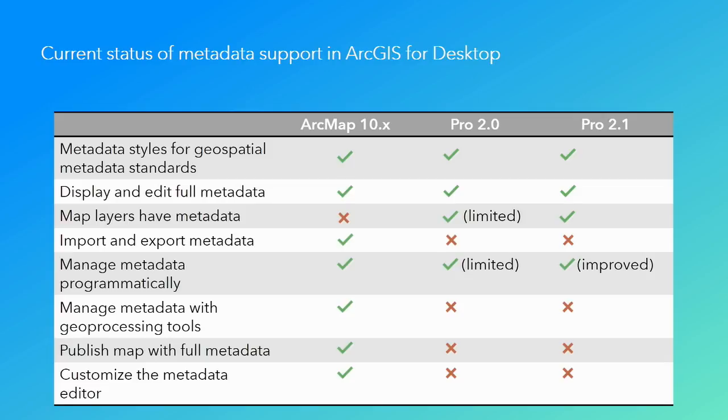Now in ArcMap and in Pro, you only create metadata for the map. The idea is that you can actually have layer metadata, and that the metadata itself could be inherited from the data source.